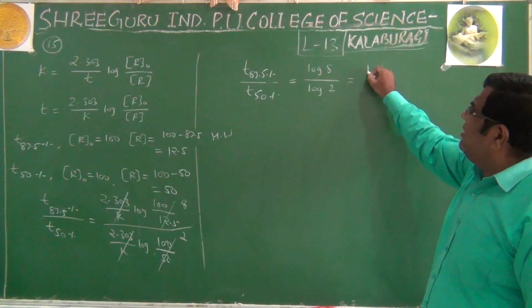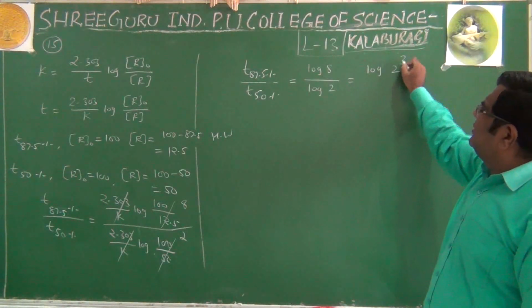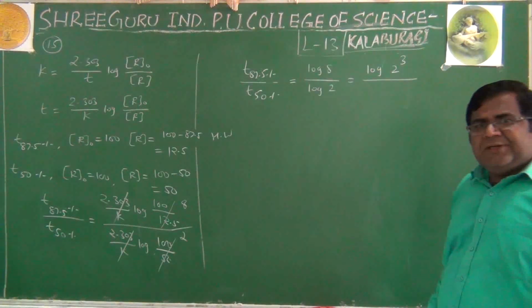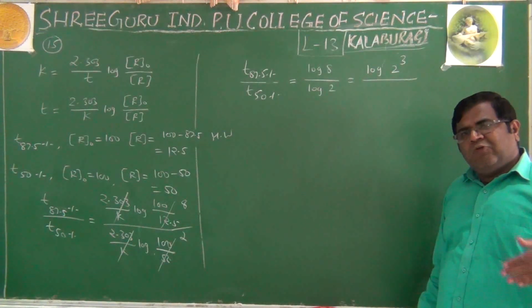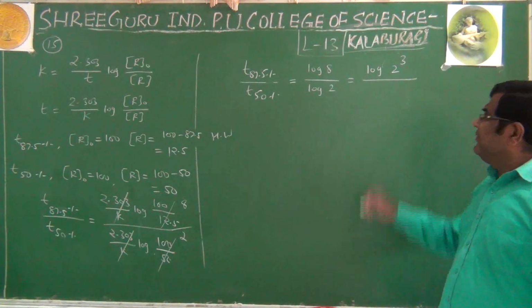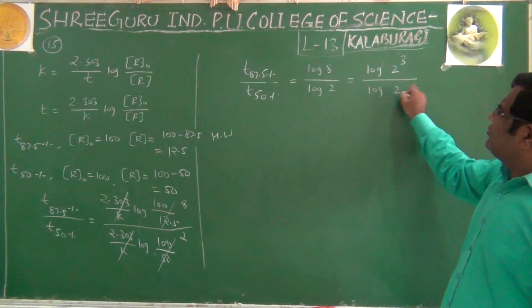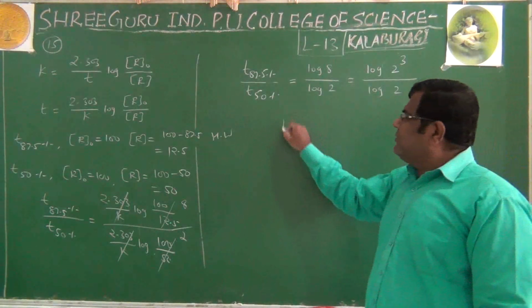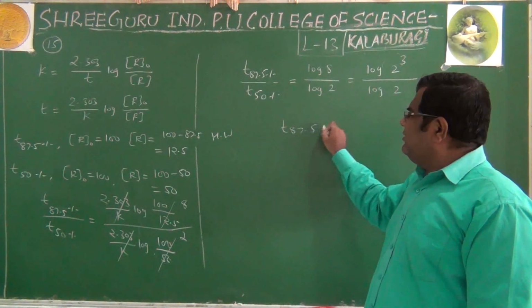But we can write this log 8 as log 2 raised to 3, because 2 into 2 is 4, 4 into 2 is 8, and this as log 2. So I'll write one more step here.